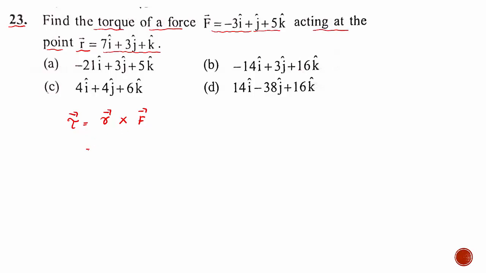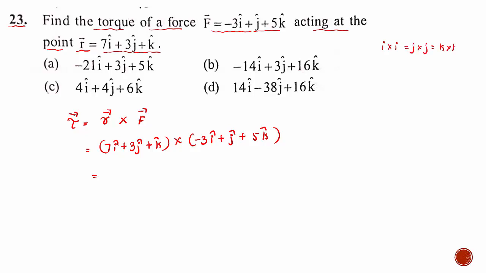So we can write their values. R value is given 7I cap plus 3J cap plus K cap, cross F value, minus 3I cap plus J cap plus 5K cap. So in cross product, we know that I cross I, J cross J, K cross K is equal to 0.